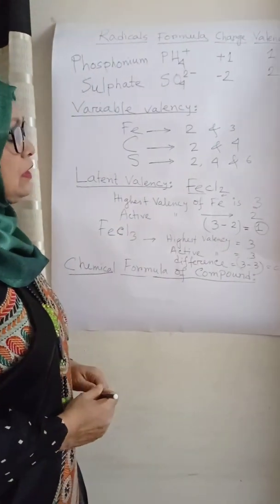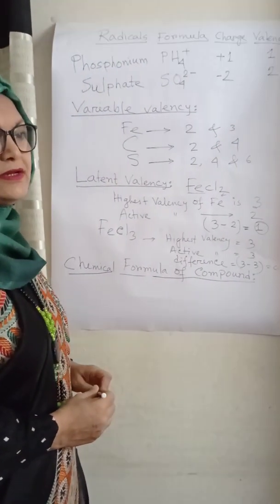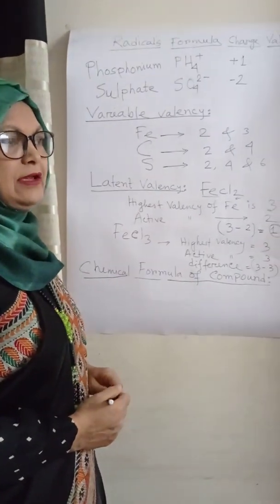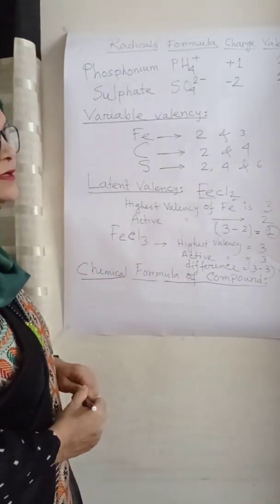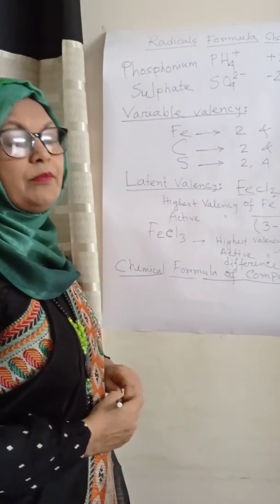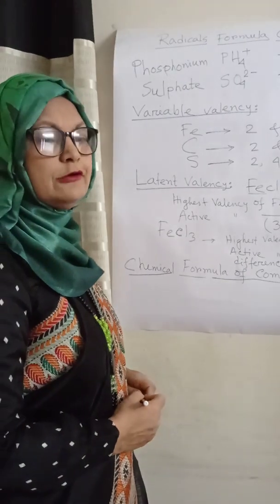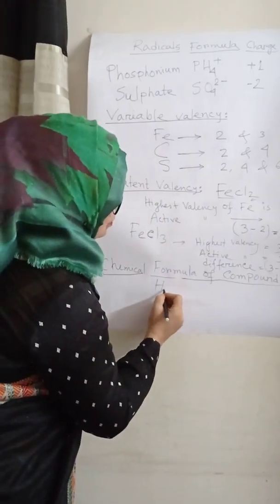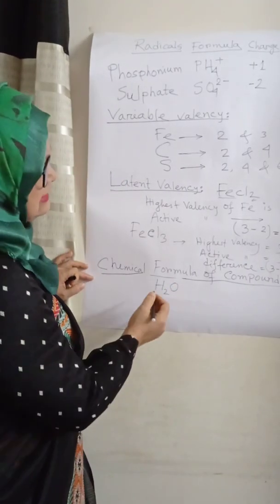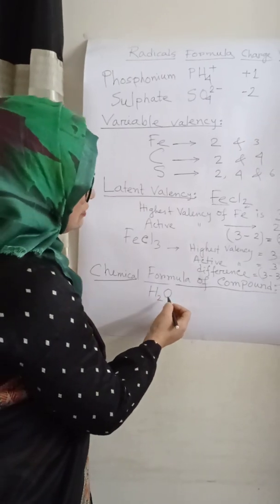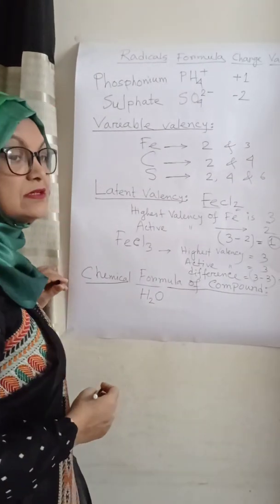Now, if we write a formula of water molecule, then at first we have to write symbol of atoms by which water molecule is formed. For example, H2O. In this case, 2 hydrogen atoms combine with 1 oxygen atom.